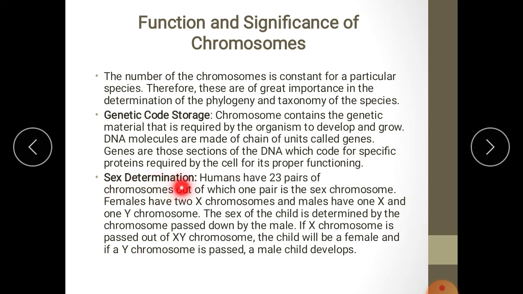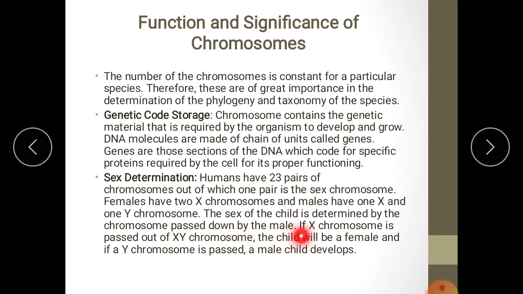Sex determination. Humans have 23 pairs of chromosomes, out of which one pair is a sex chromosome. Females have two X chromosomes and males have one X and one Y chromosome. The sex of the child is determined by the chromosome passed down by the male.